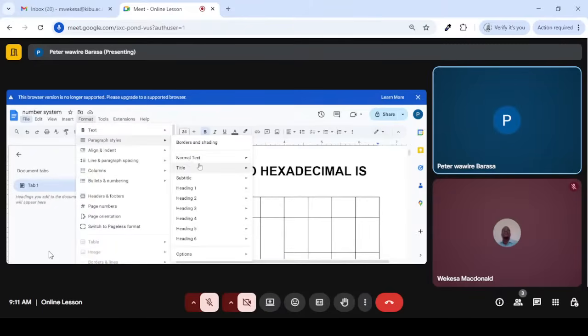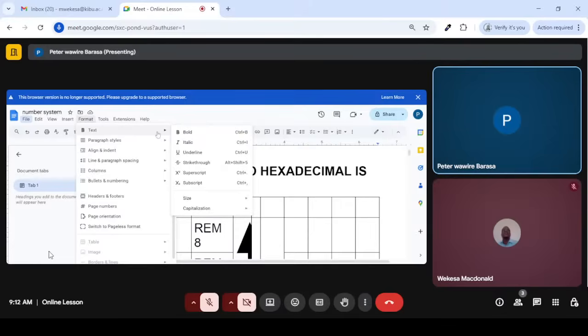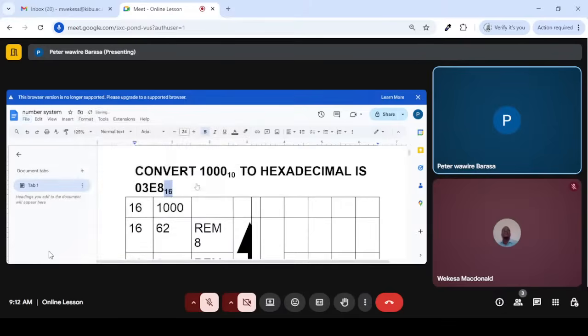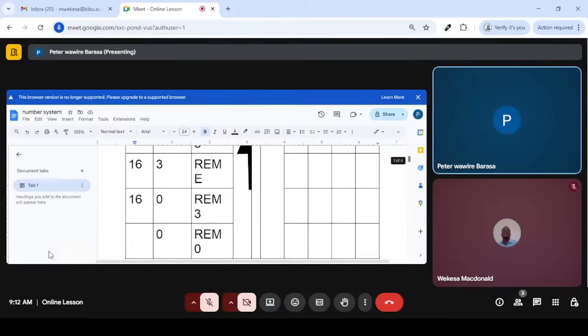Subscript. So that's the answer. We have 3E8 base 16. 03E8 base 16 is the answer to that. So that's now the conversion. So you read upwards.